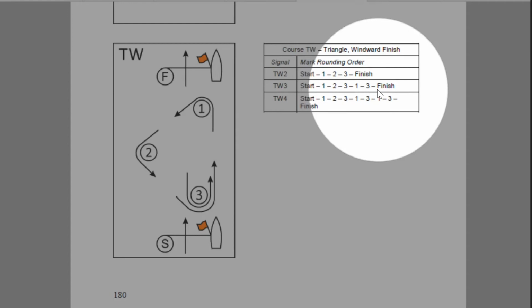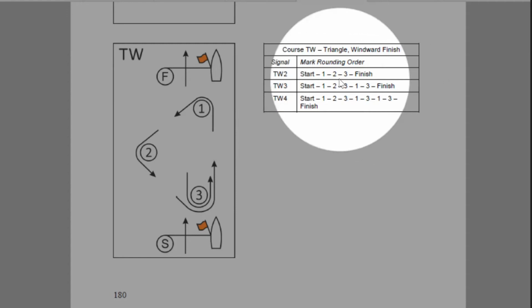So this is one of those cases where you can't say the number is the number of times around any mark. I'm guessing that the extra number is the finish line counts as a windward mark as far as the numbers. So TW2, you go around the windward mark, you do the triangle, and you come back past the windward mark to finish. So it's kind of the number of upwind legs.